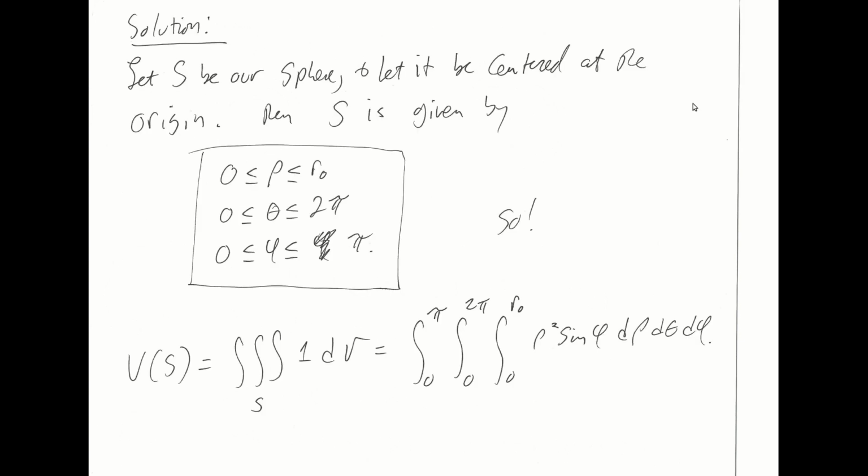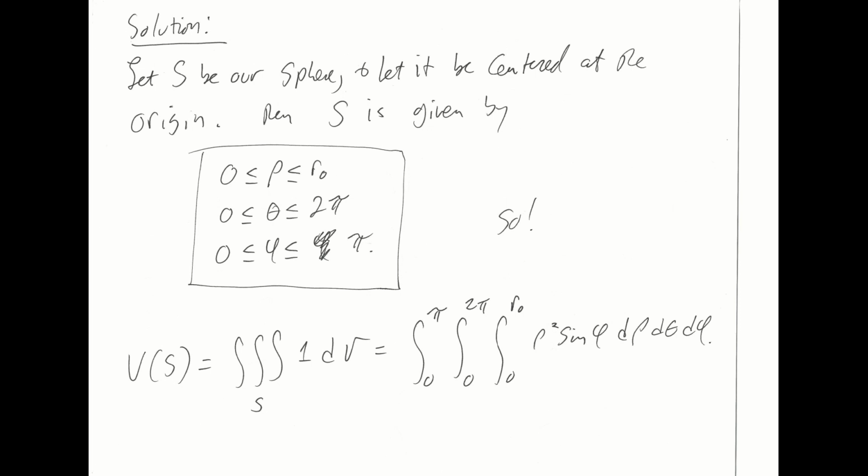Alright, so I'm going to call our region S for sphere, and I'm going to let it be centered at the origin. The volume of a sphere does not change if you move it about in 3 space. As long as it has the same radius, the volume is going to be the same value. So for convenience's sake, I'm going to set its center at the origin. That's going to make it easiest to represent this region in spherical coordinates.